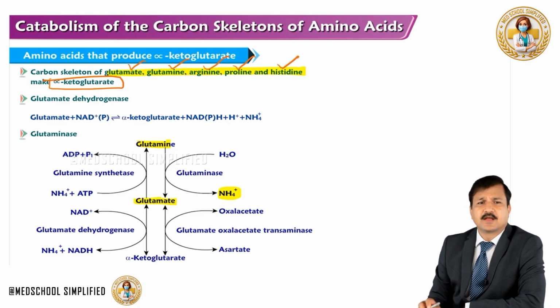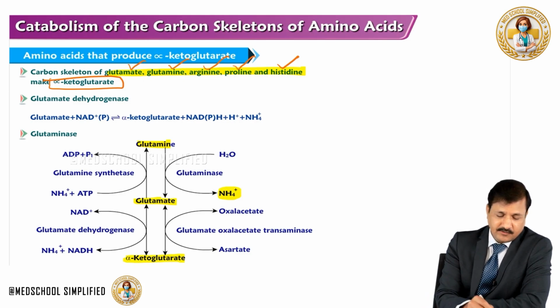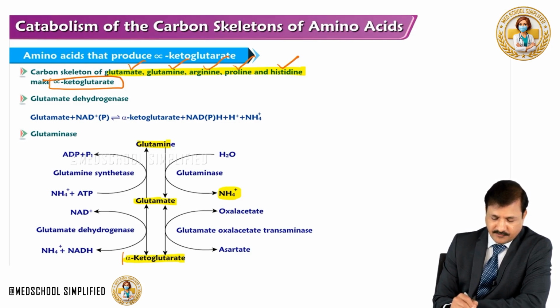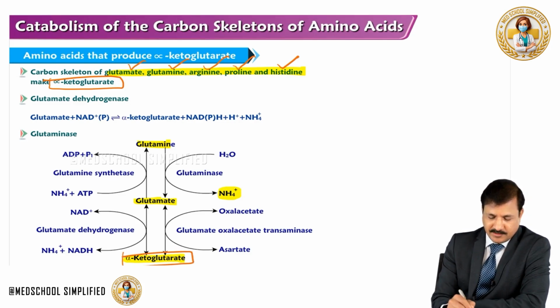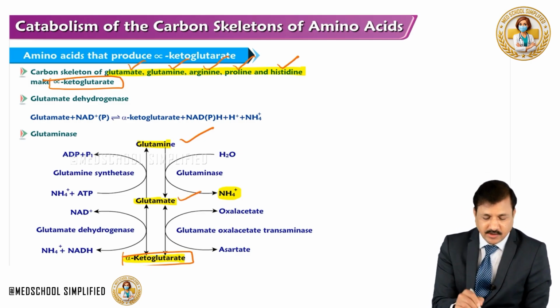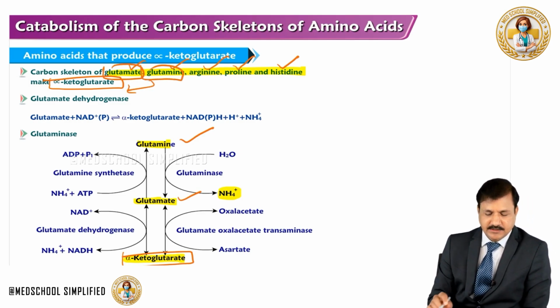And then the glutamate will undergo a transamination reaction to make α-ketoglutarate. That's how glutamine will be converted into glutamate, and glutamate is converted to α-ketoglutarate. So, two amino acids we have seen now, glutamine and glutamate, making α-ketoglutarate.